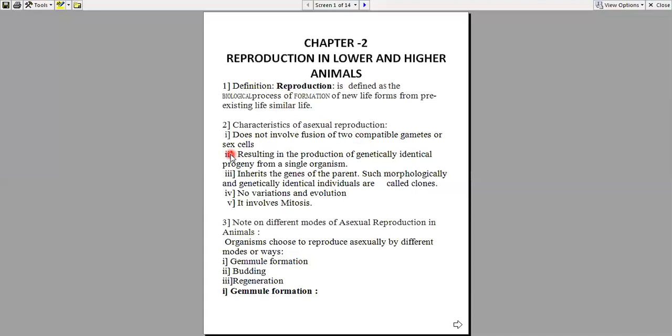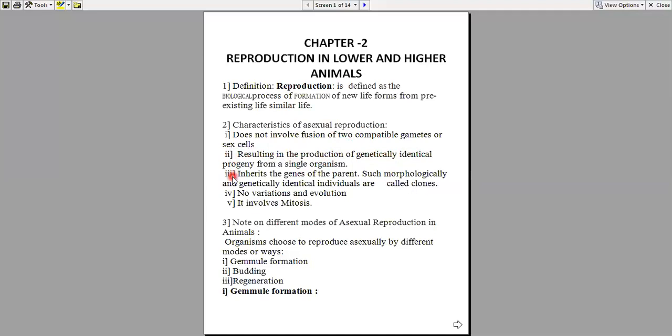Point number two, resulting in the production of genetically identical progeny from a single organism. Now, I like to highlight here production of genetically identical progeny. Progeny is offspring. Here, the offspring will be genetically similar, identical to the parent.